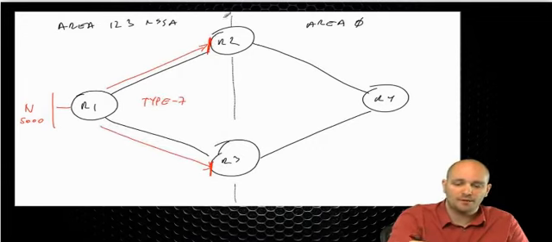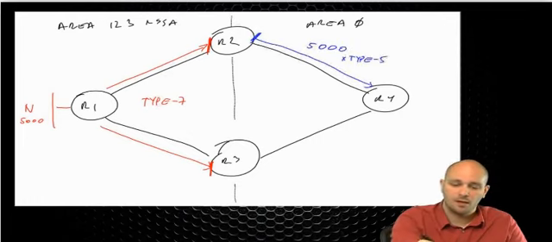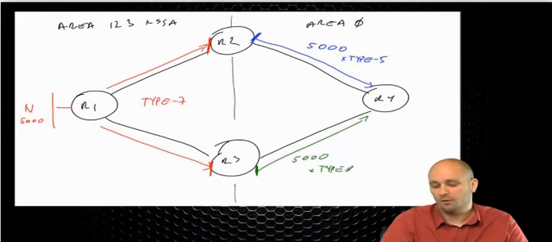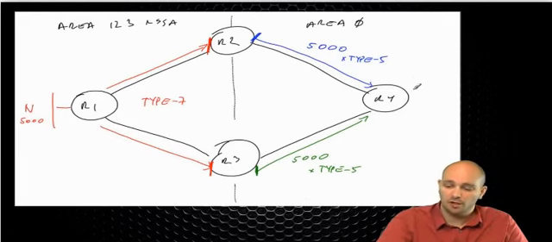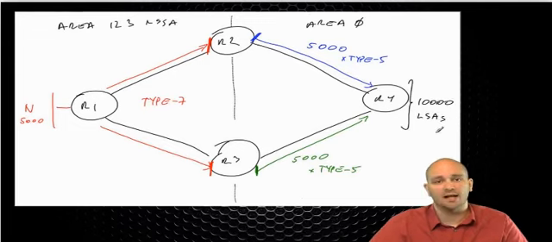So what's going to happen here is that R2 is going to generate its own 5,000 type 5s, and R3 is going to generate its own 5,000 type 5s, which means that on this router here, I'm going to end up with that old problem of 10,000 LSAs.